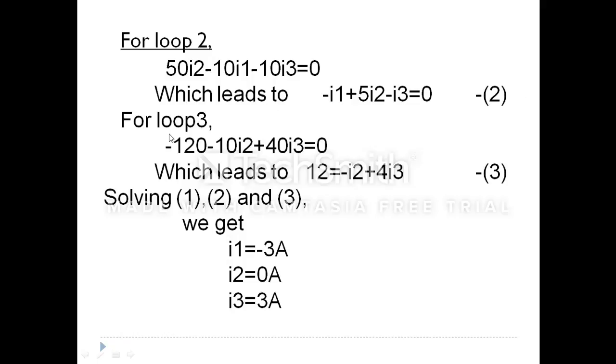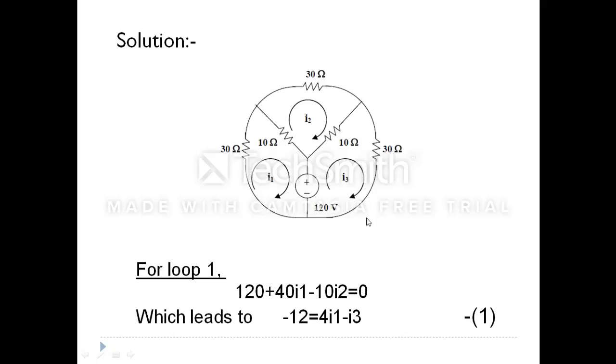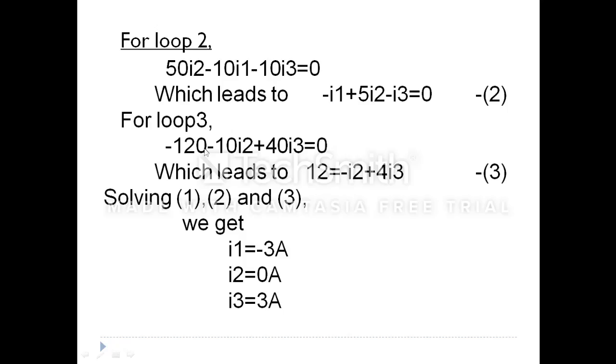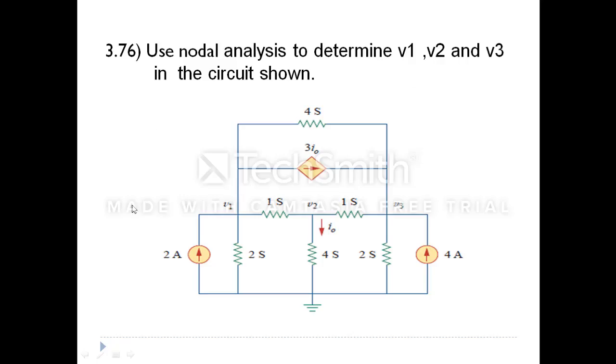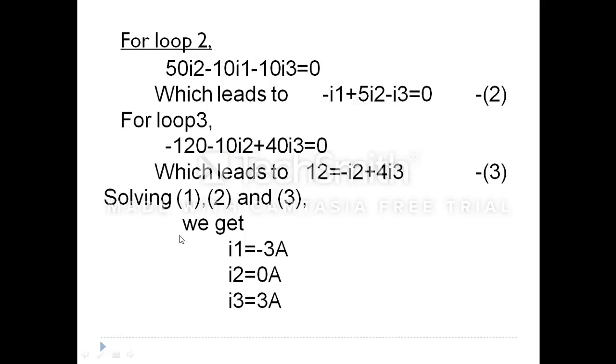Similarly, for loop 3, you write the equation: minus 120 minus 10 I2 plus 40 I3 equal to 0, which will give you 12 equal to minus I2 plus 4 I3. Let it be equation 3. Solving 1, 2 and 3, we get I1 equal to minus 3 ampere, I2 equal to 0 ampere, I3 equal to 3 ampere. Hence, you will get the values of I1, I2 and I3.